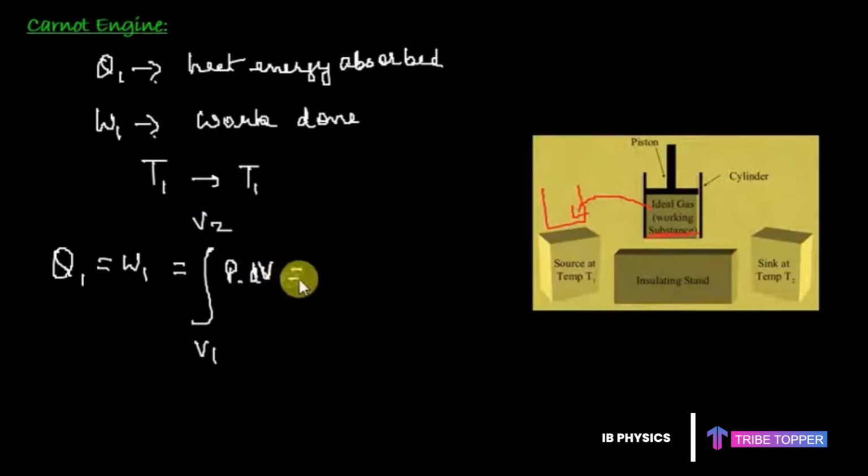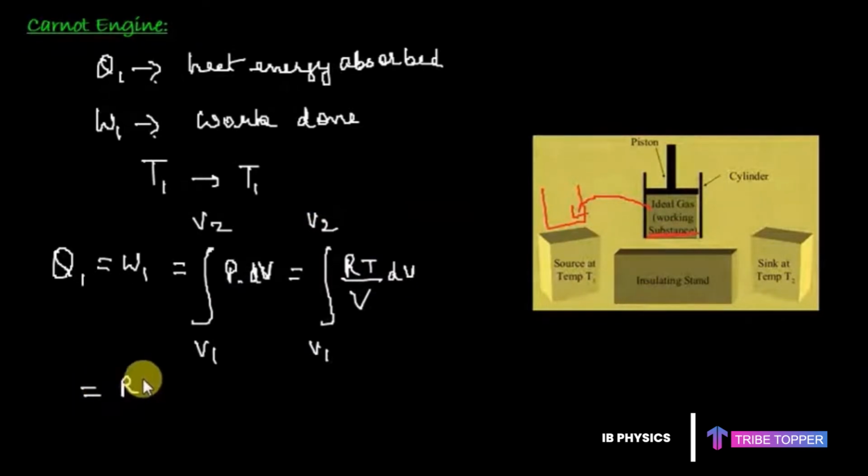And because we know that PV is RT, P can be written as RT upon V dV, and the integral would happen where RT would go out because they are both constants, and the temperature in this case is T1, and the integral of 1 by V is log of V. So that's going to be log of V within the limits V1 to V2.